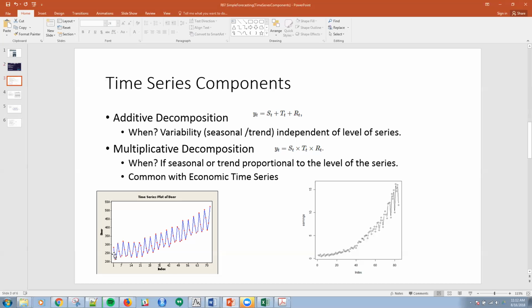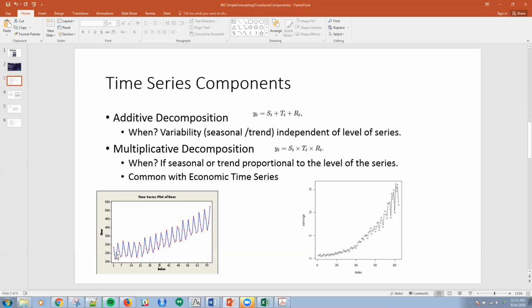So if you look here, on this plot of beer, we see that there's a seasonal component going up and down, up and down, up and down, and then there is a trend component. It doesn't matter where I am in the series, the variability is not changing.